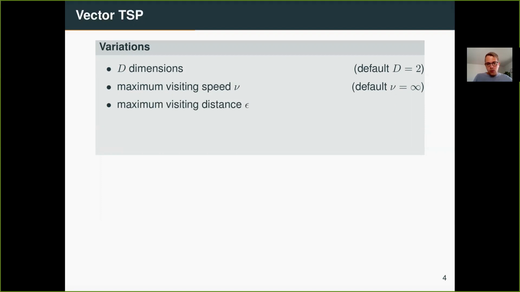You can also consider a maximum visiting distance. This is very similar to the TSP with neighborhood. So instead of just visiting the exact location of the city, you might want to consider a radius around the city, and if you visit inside the radius, you consider the city to be visited. By default, we do not consider this. And you might also consider a parameter, which is a bit special, called the vector completion parameter.